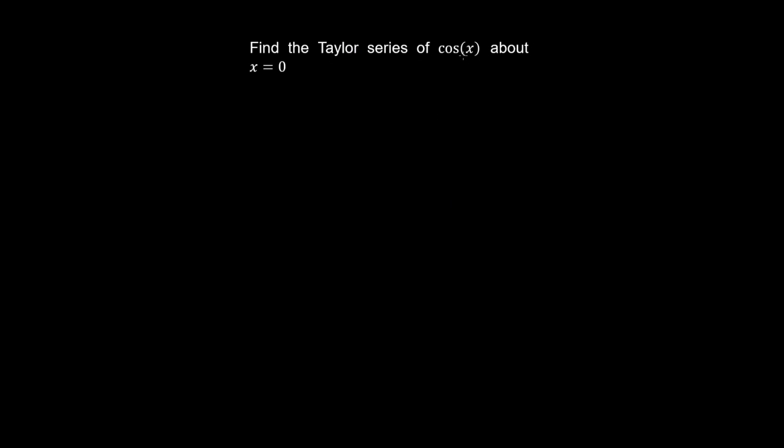Let's find a Taylor series of cosine x about x equals 0. So f of x is equal to cosine x, and we differentiate this several times. And evaluating these at x equals 0, we're basically obtaining the Maclaurin series.